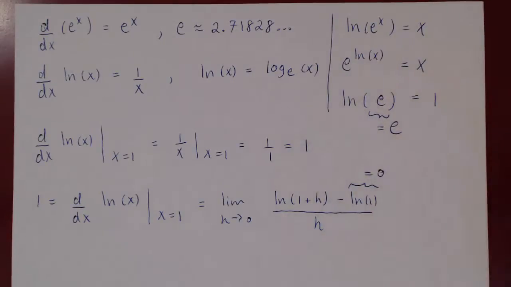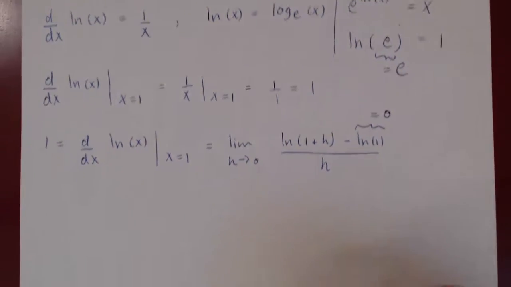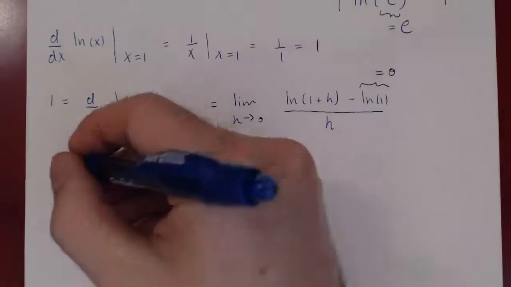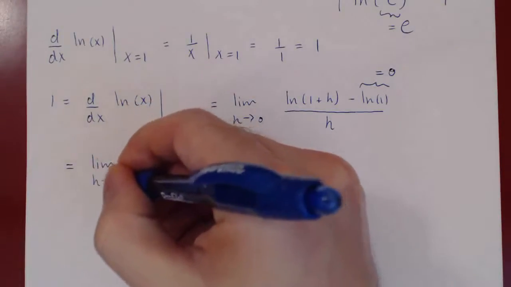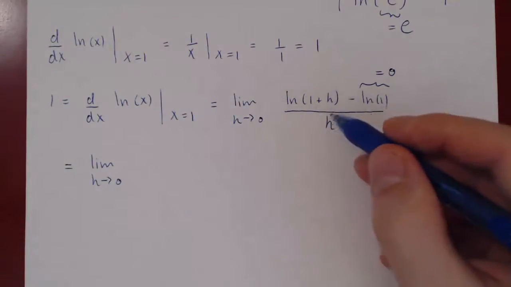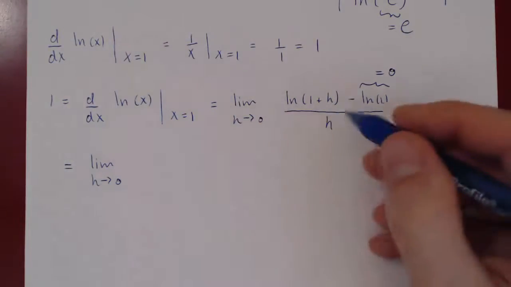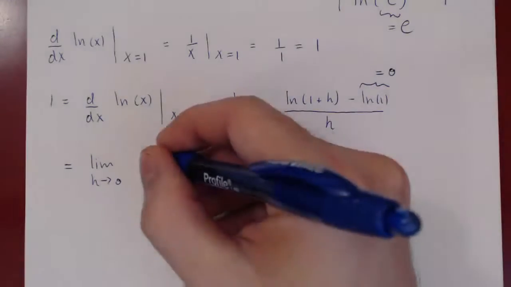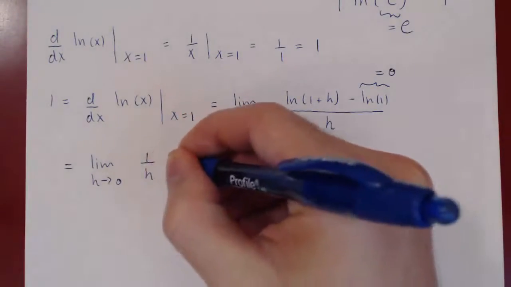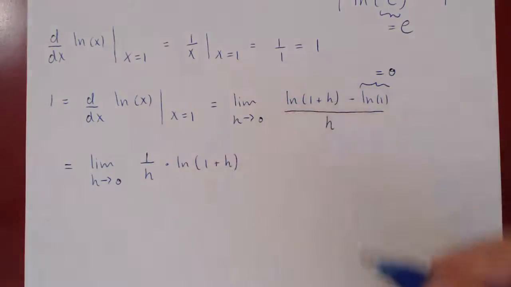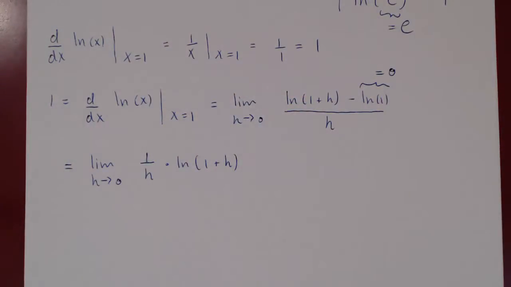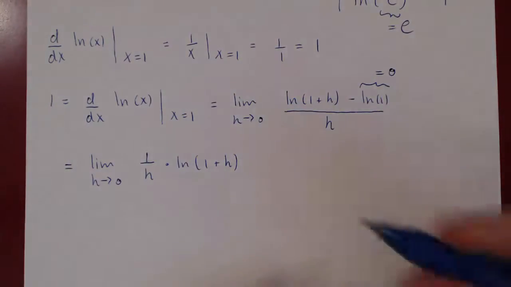So now we have a rather simple limit, or at least simple looking. We get the limit, as h approaches 0, of the ln of 1 plus h over h. And I will write the over h as a multiplication of 1 over h times the ln of 1 plus h. Now the question is, well, where do we go from this point?